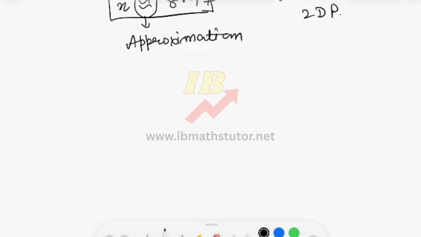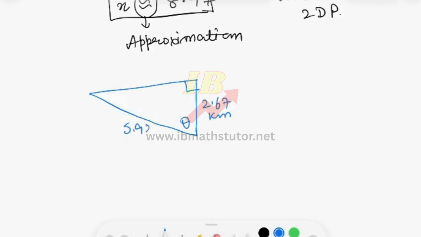Let's take some more examples. Let's try this one. If I'm marking a triangle like this, and this is 2.67 kilometers, this is angle theta, and this is 5.92 kilometers. So how do I solve it for theta?